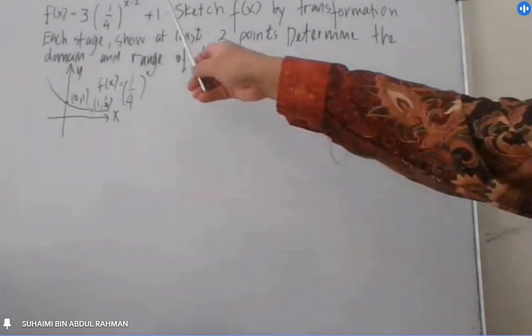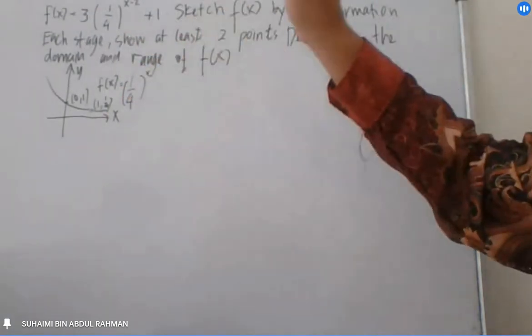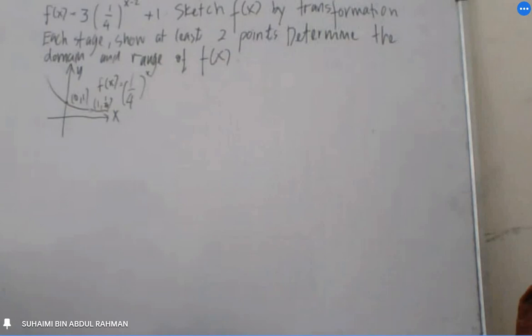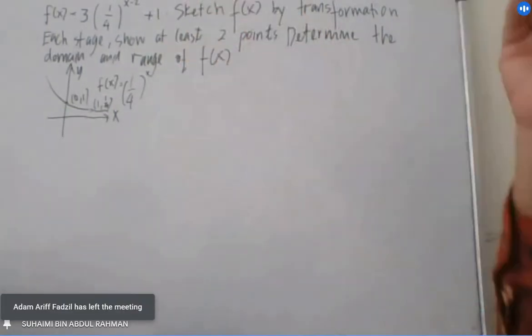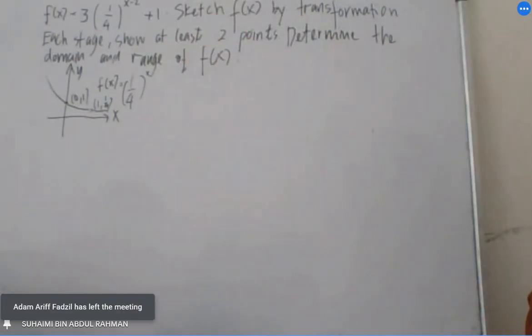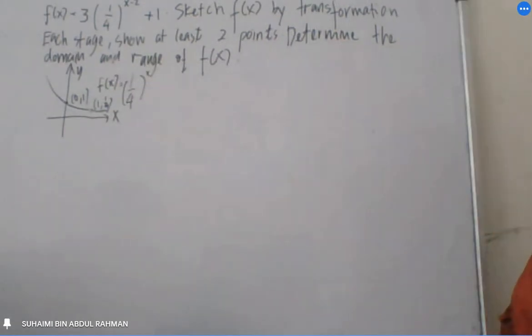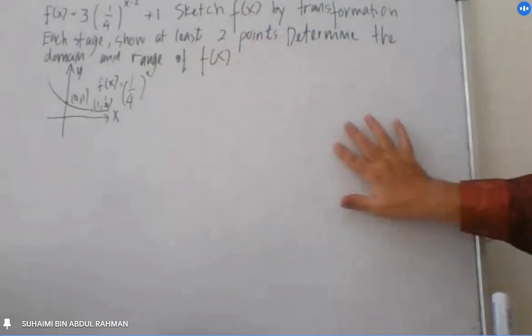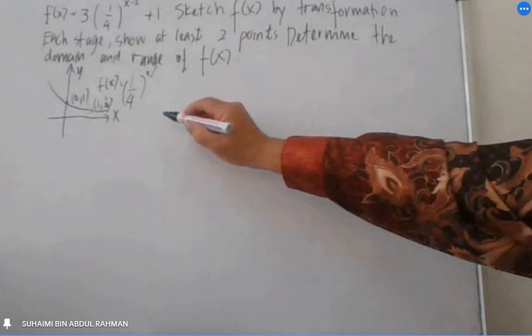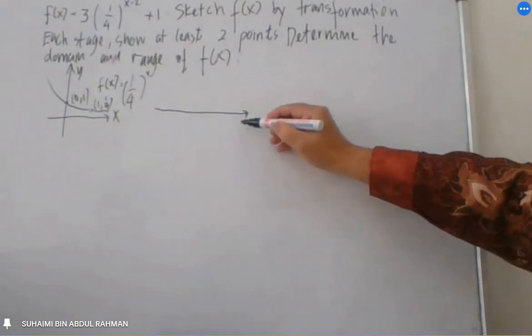Since we want to sketch this function, this is an exponential function, so our basic graph must be exponential. We don't need to think about linear or quadratic or square root functions. And then we start the process of transformations.